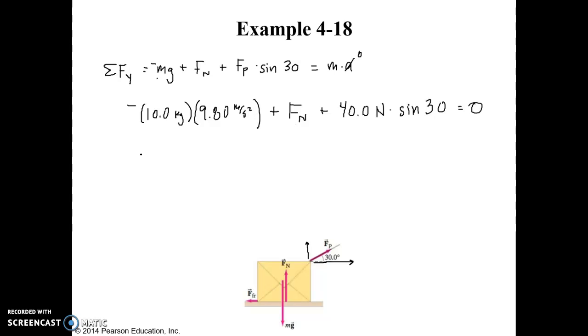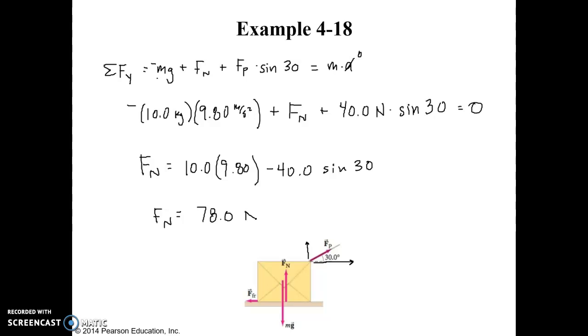So if we solve for Fn, Fn is going to equal 10.0 times 9.80. I'm going to drop the units out for now just to clarify the algebra. I've added this term to the other side, so it becomes positive. I'll now subtract this term, minus 40.0 sine of 30. And so the normal force should work out to 78.0 newtons. So that's what the normal force is.